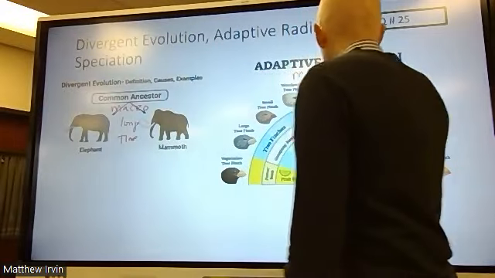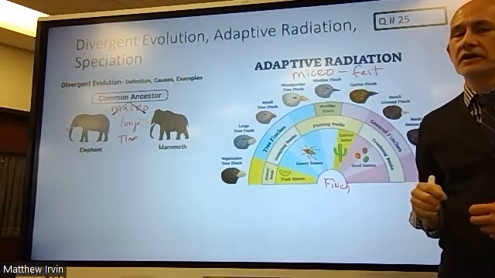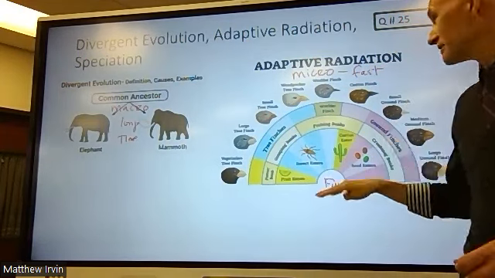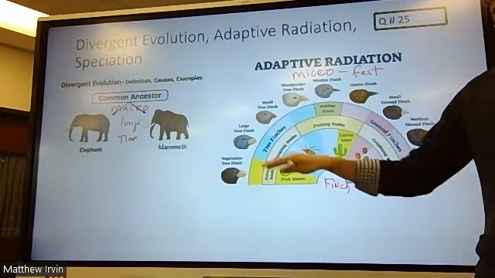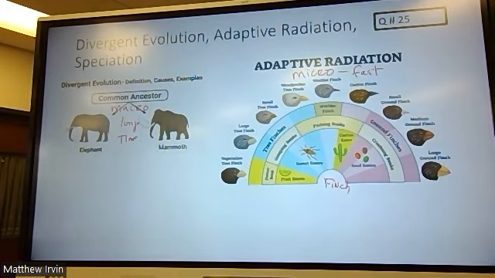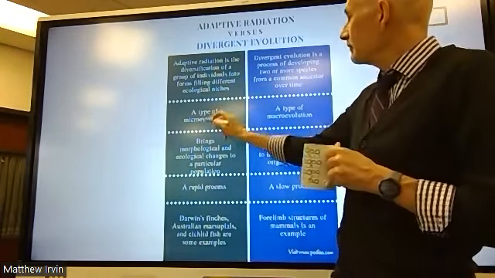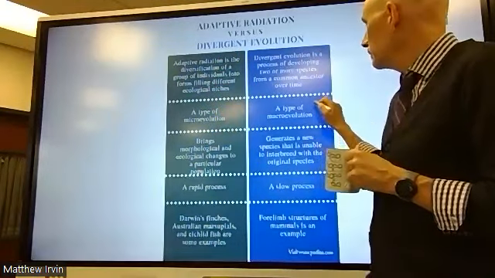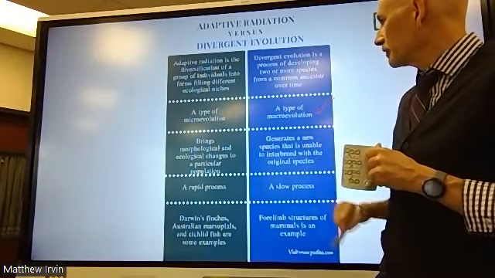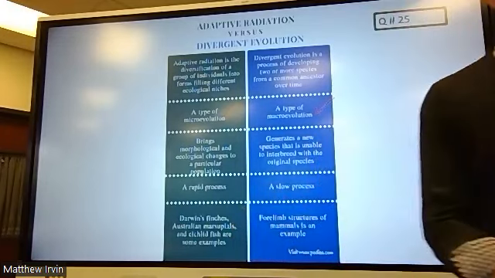This is typically fast, but again, we were talking geological time. So this could still be thousands of years, and that could be hundreds of thousands of years for that difference. So again, adaptive radiation is micro, divergent evolution is longer for macro, and just a couple examples like that.